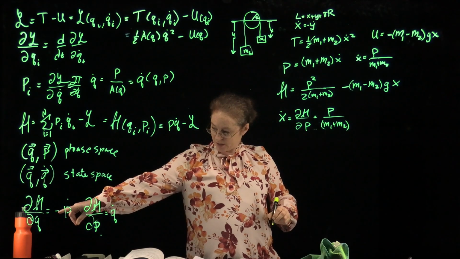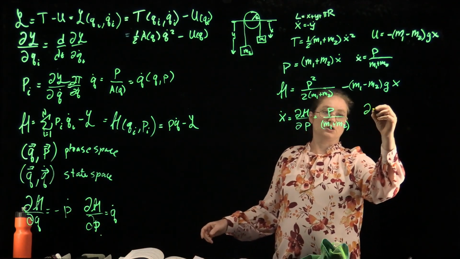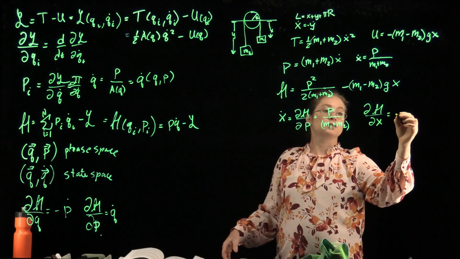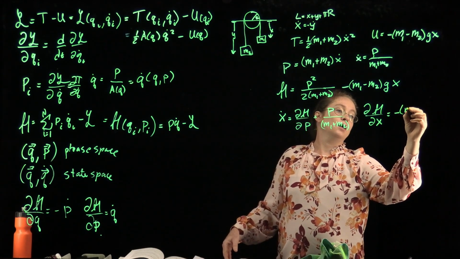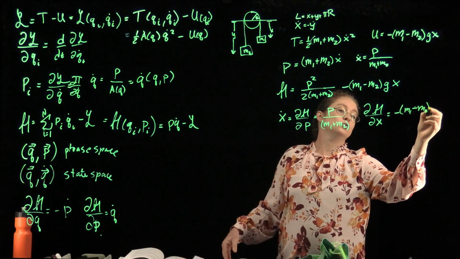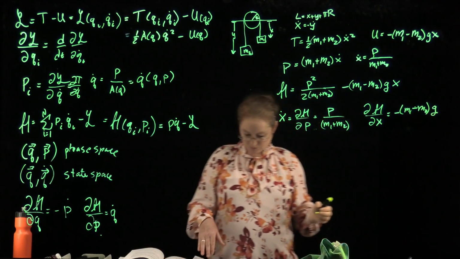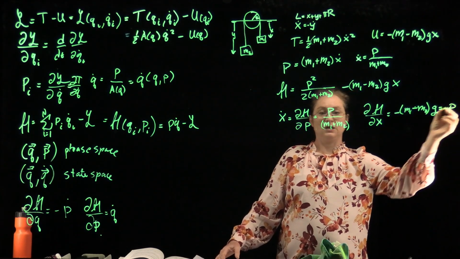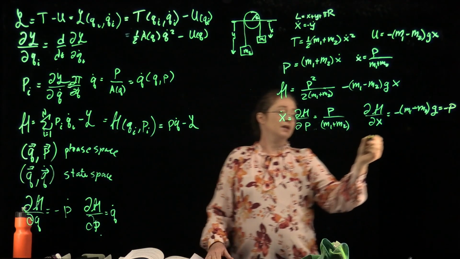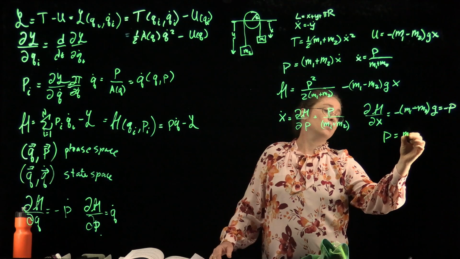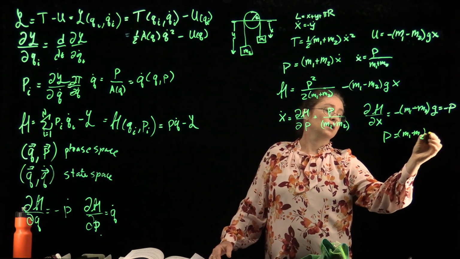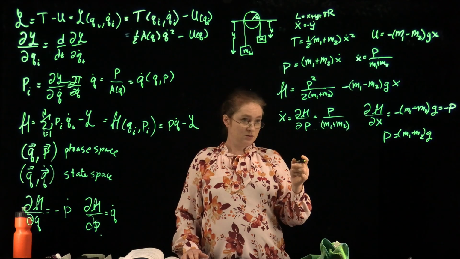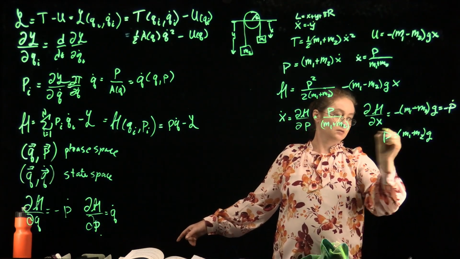And then we can apply this one, partial h partial x equals negative m1 minus m2 g, and that is equal to negative p dot. So I get from this equation that p dot is m1 minus m2 times g. And, sorry, that should be p dot.